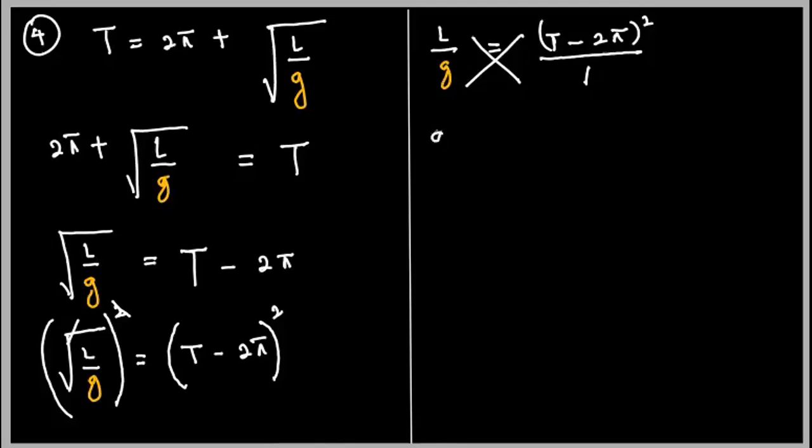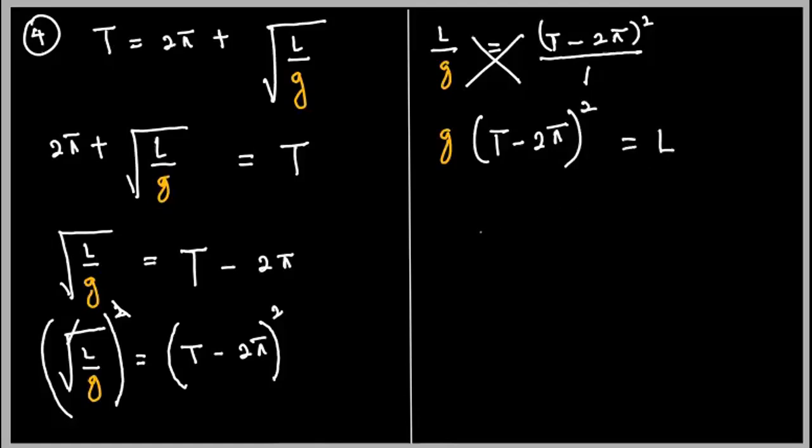I'll have G and the bracket, that is T minus 2 pi all squared, equals L times 1, which is L.